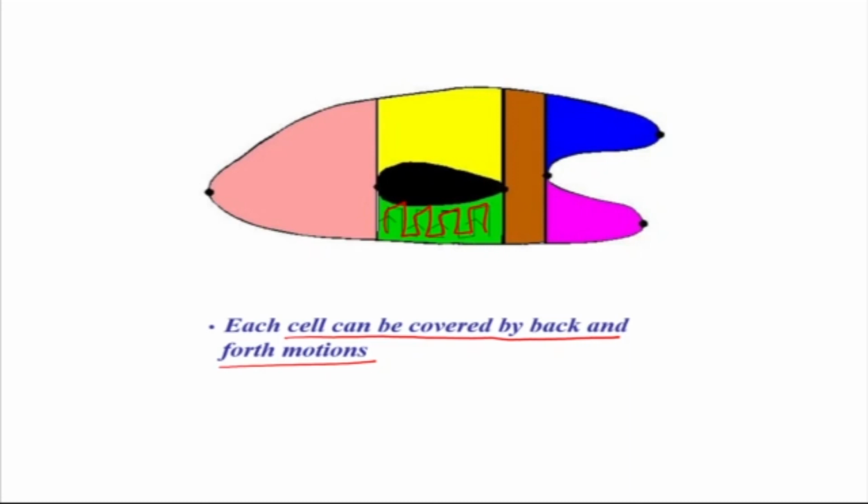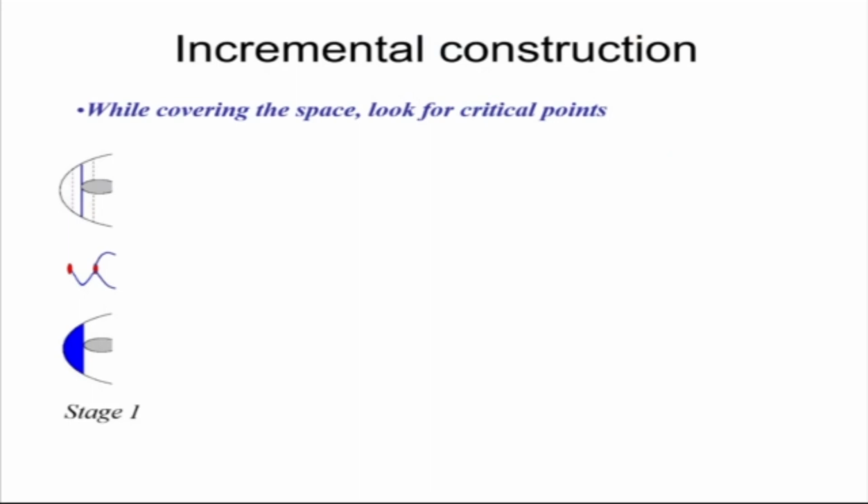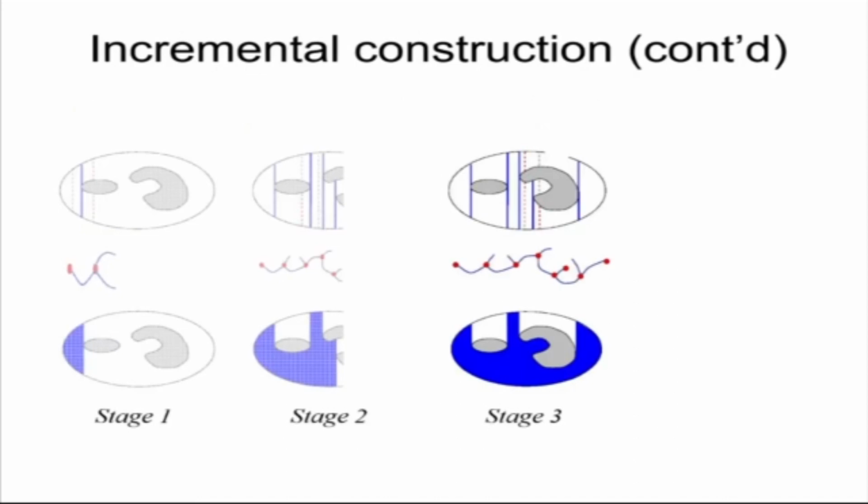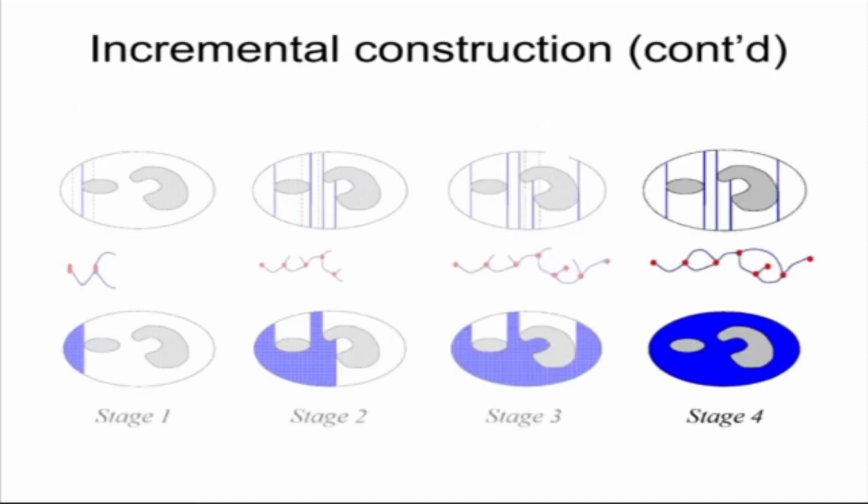Now let's see this further. How do we construct it incrementally? When constructing it, we start with a straight line, and the straight line sweeps from the left side, as you can see. Every time it gets a critical point, it forms the next cell. Finally, the line sweeps towards the right, and we have covered all the cells.